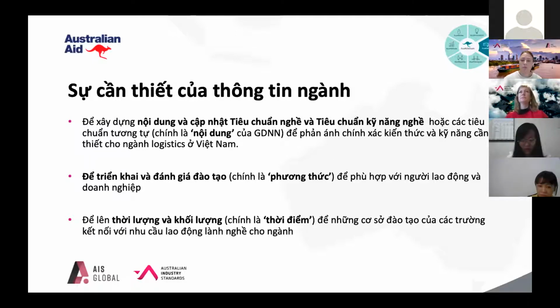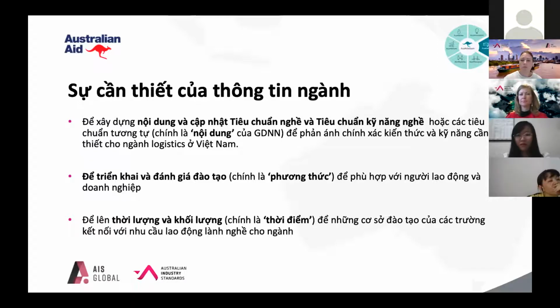It also gives us an insight into the timing and volume of training, and this is the when. So how many new skilled labourers do we need in the logistics sector? How many more warehouse operators? How many truck drivers? How many forklift operators? And when do we need this training to occur?